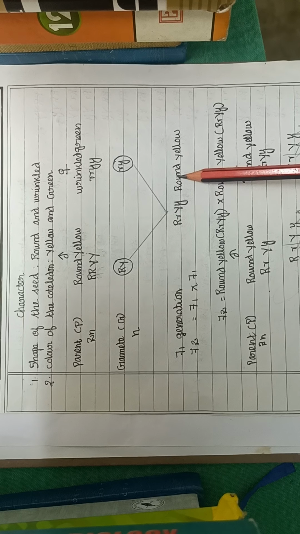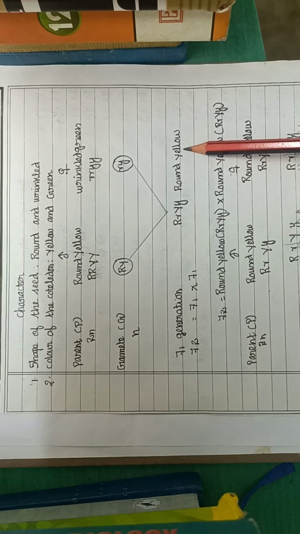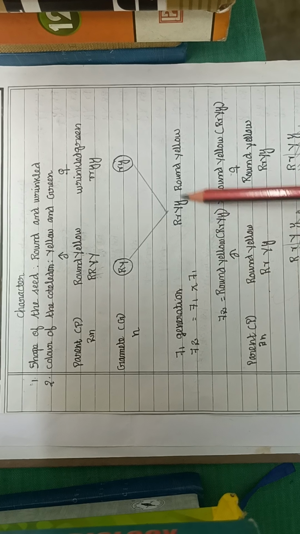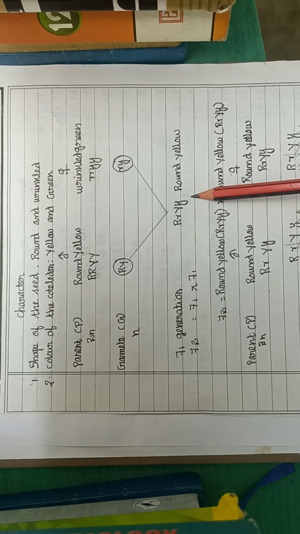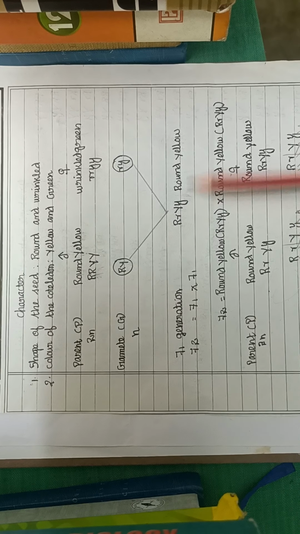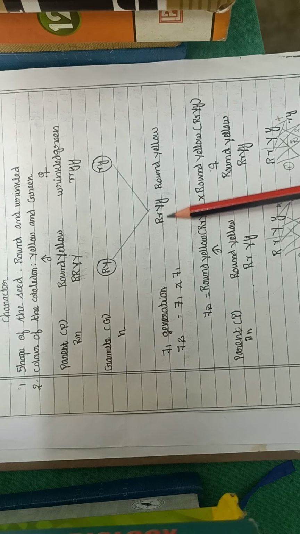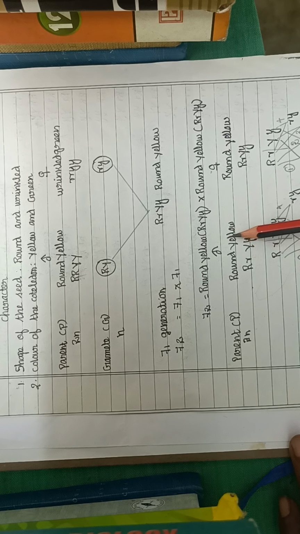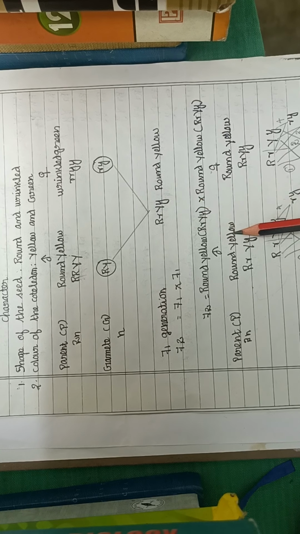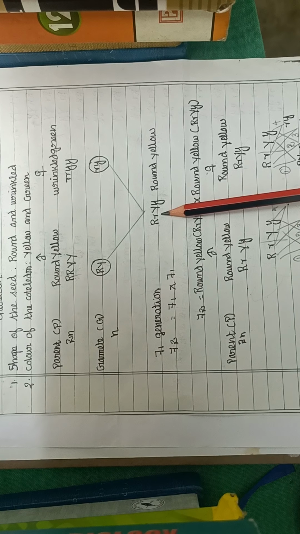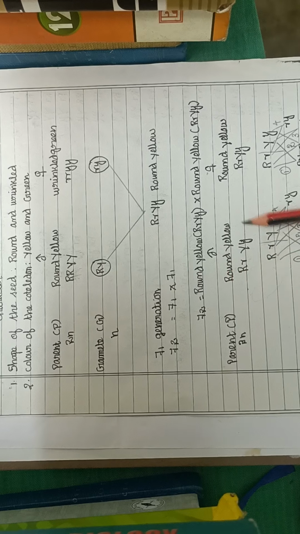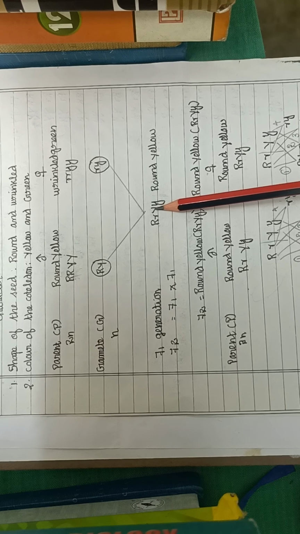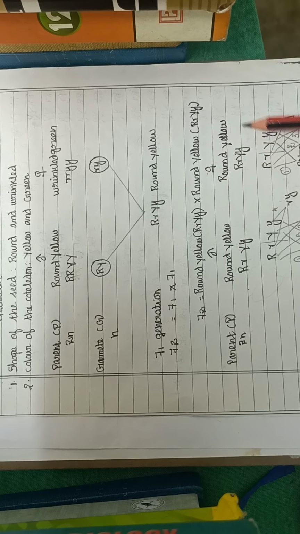Since round is dominant over wrinkled and yellow is dominant over green seeds, the F1 hybrids were allowed to self-pollinate. How did Mendel select the formed F1 hybrid as parent for the formation of the F2 generation? You can see, children, Mendel selected the formed F1 hybrid as male parent here, and he also selected the formed F1 hybrid as female parent.